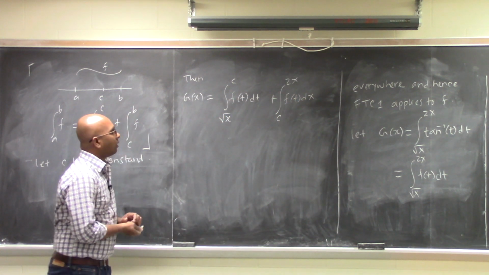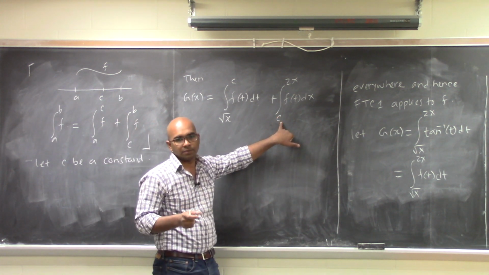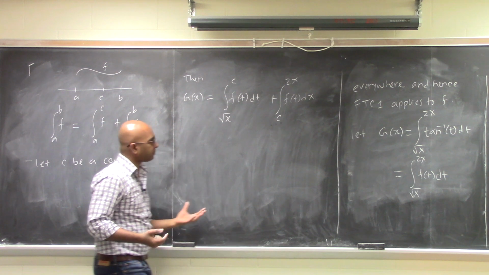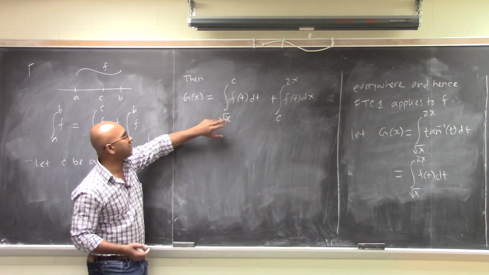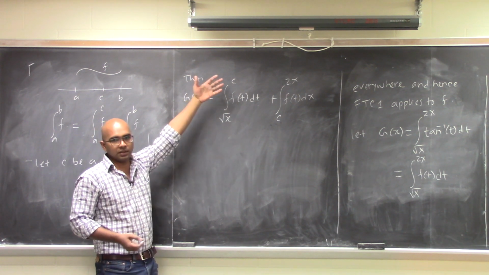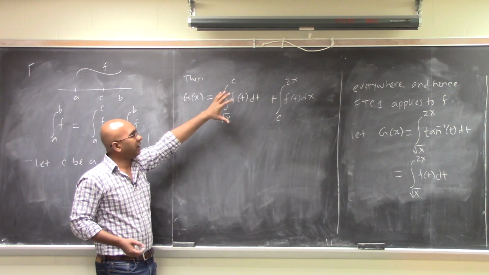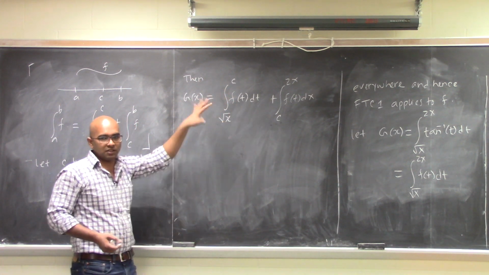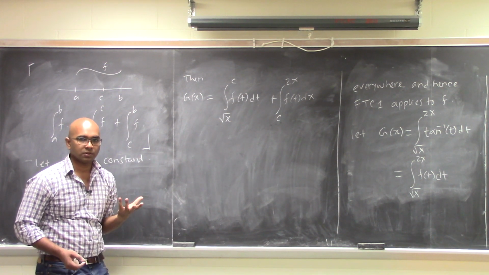Now notice at this step you have a constant at the bottom, so that's fine. You can apply FTC1, but here you have a constant at the upper limit instead of the lower limit, which is a problem. But we can solve this pretty easily using one of the properties of integration.